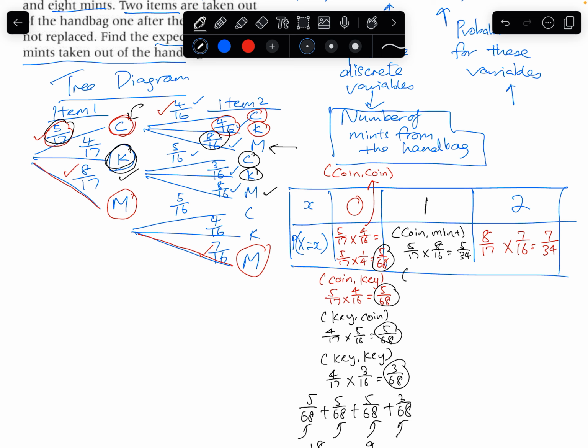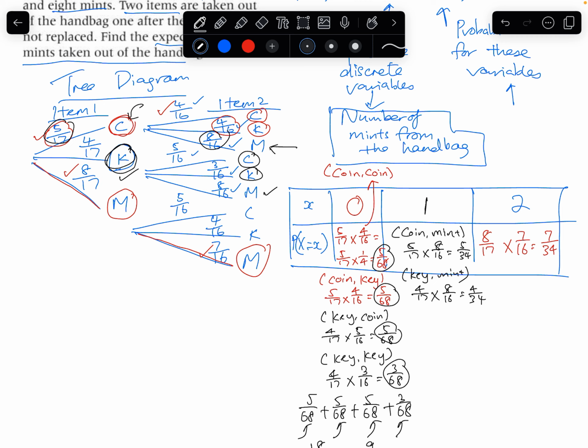So I'll put key, mint. So that will give me 4 over 17 times 8 over 16. I hope this is great for you so far. So 1 over 2, so that would be 4 over 34.